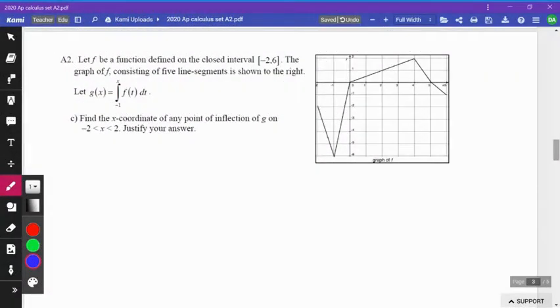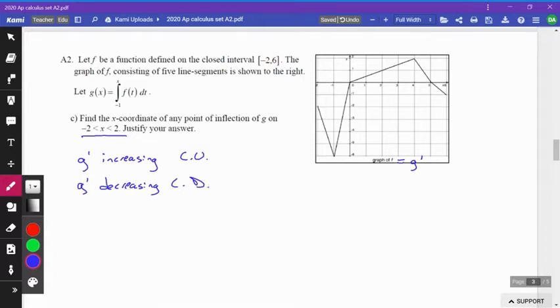For letter C, you want to find the x-coordinate of any point of inflection on g. Now remember from earlier, this is the graph of g prime. So I know that when g prime is increasing, I am going to be concave up, and when g prime is decreasing, I am going to be concave down.